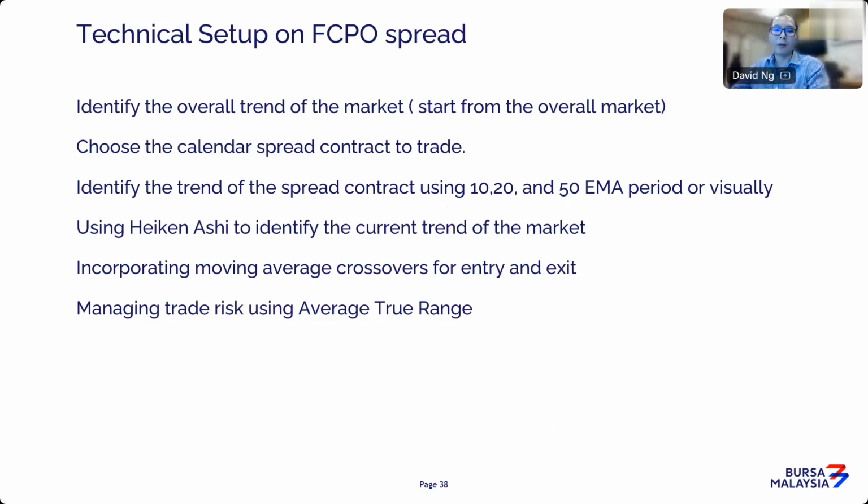One of the candles you can use is Heiken Ashi, which I'm going to share with you later. If you pair that with moving averages, you get quite good entry signals and exits accordingly. In every trading plan, you must have a way to manage your way out, and one way is to use average true range. We're going to share later a bit on how to do that.